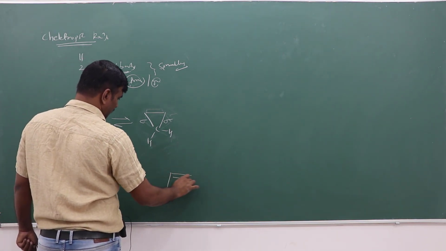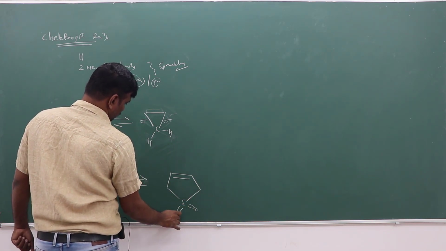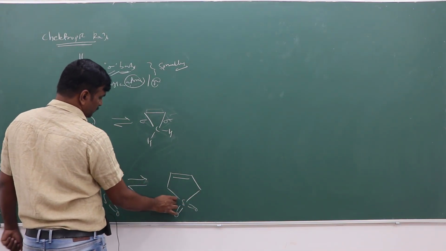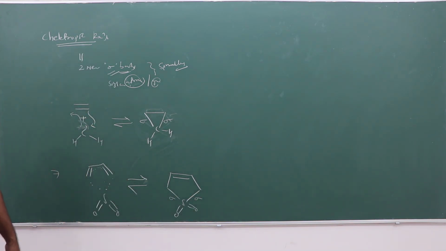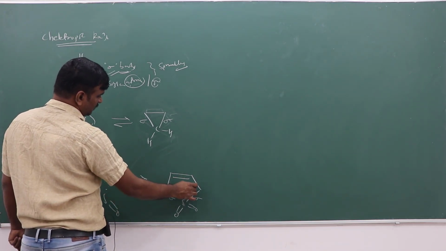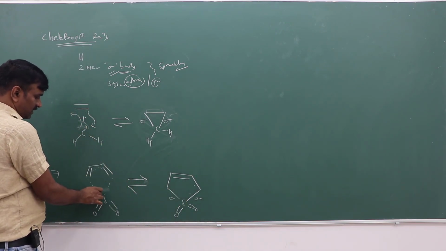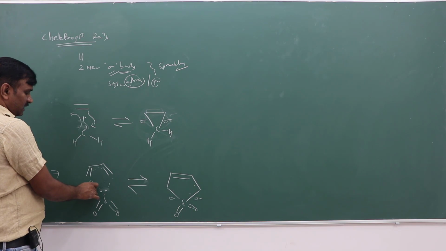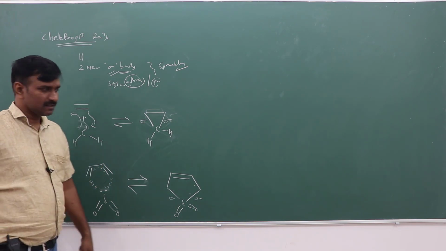So what will be happening here? Double bond O, double bond O. Two new sigma bonds form simultaneously on a single atom or group, which is the cheletropic reaction, right? If ring opening takes place, again it will be regenerated through the cyclic transition state.